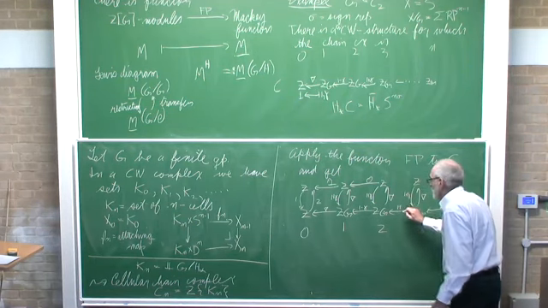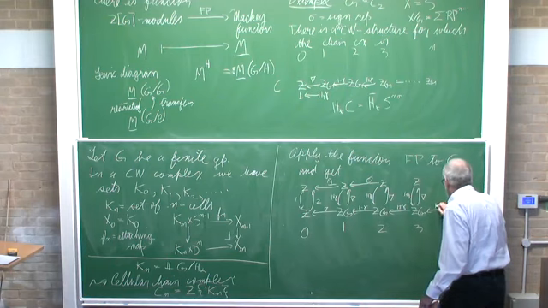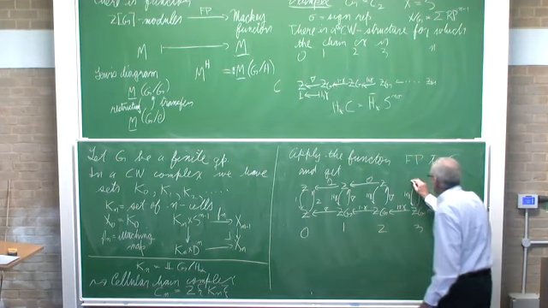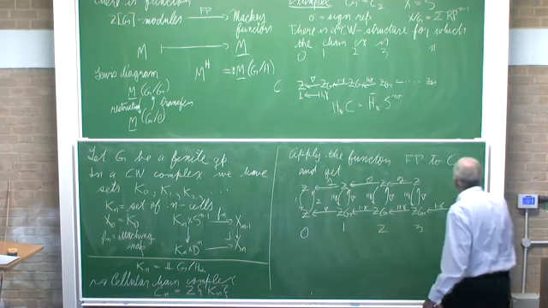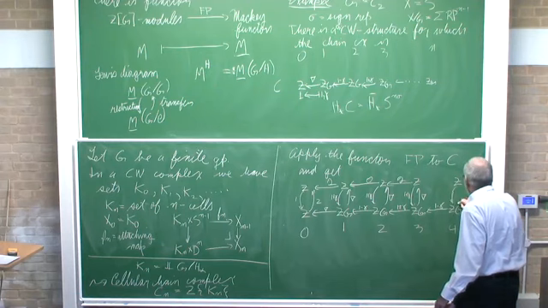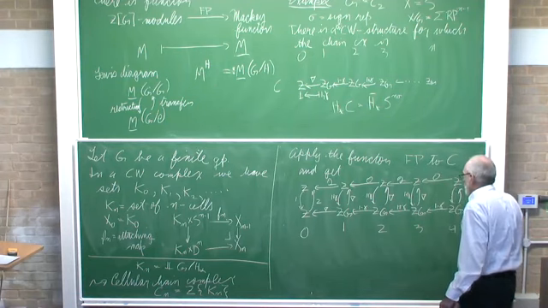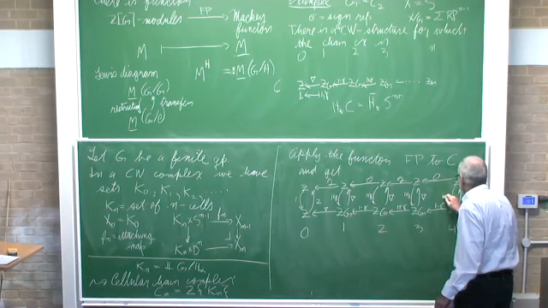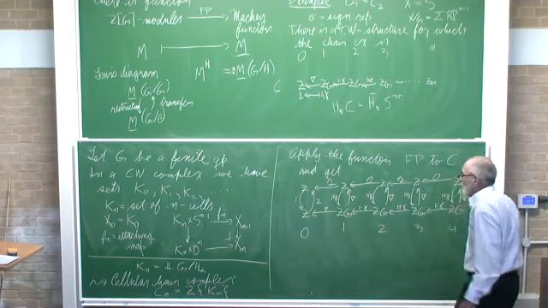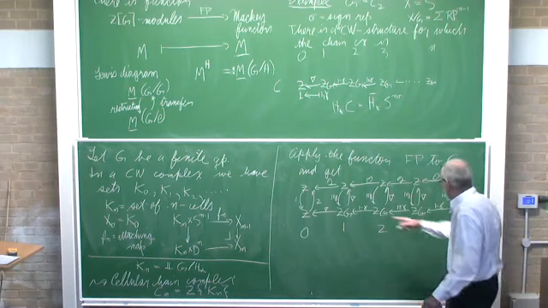Okay, so this map is 1 plus gamma. This map is 1 minus gamma. This map is also 2. This map is 0. Okay, so I'm doing this for n equals 4.